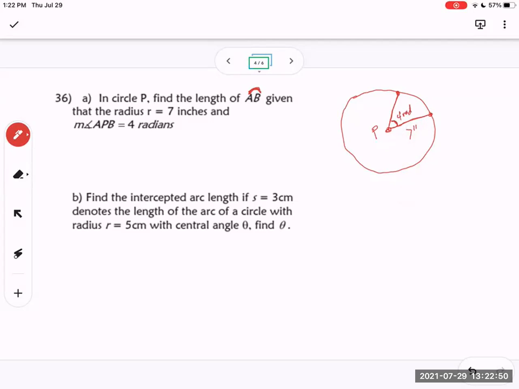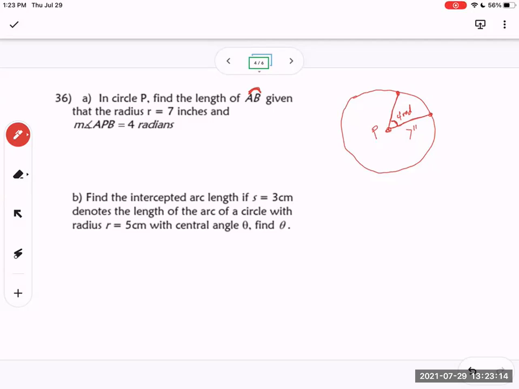Now let me just clarify for you guys, because maybe you're having a hard time with the concept of a radian. A radian is an angle measure, kind of like a degree. When you're measuring lengths, you can measure in inches, centimeters, meters, etc. When you're measuring angles, there are 2 ways to measure angles, either radians or degrees.